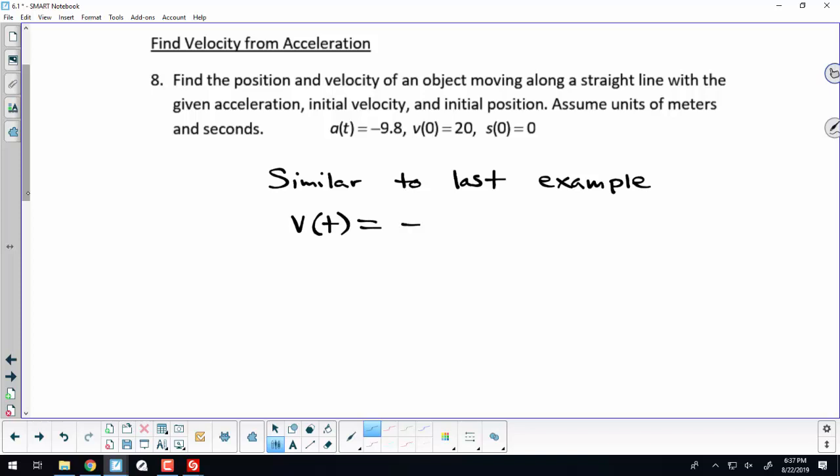So if you're wanting to check, I'll write the velocity and position functions here, plus 20, and then position.